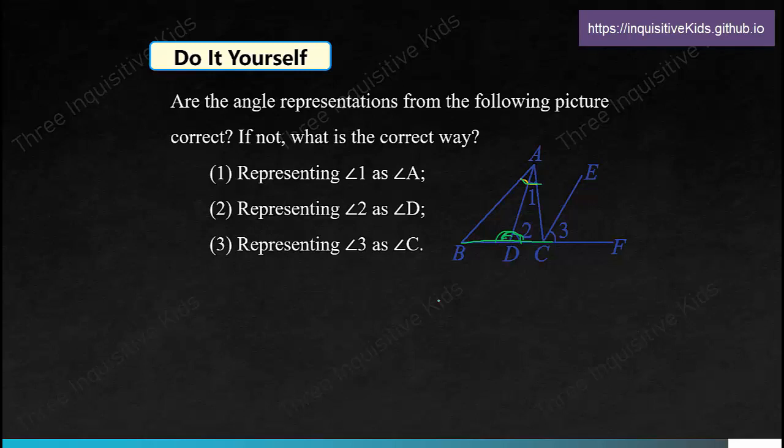So that's also incorrect. And representing angle 3 as angle C. That's also incorrect, because there's this angle, and there's this angle, and there's this angle. So there are multiple angles, all of these are incorrect.